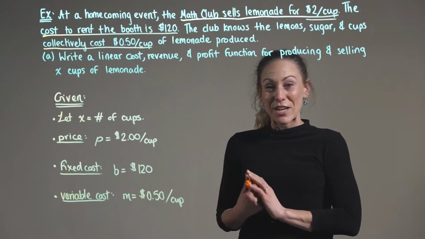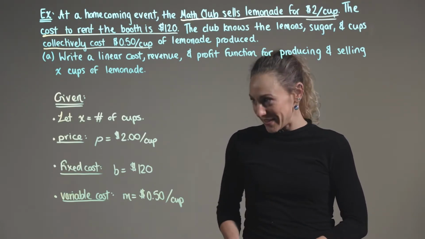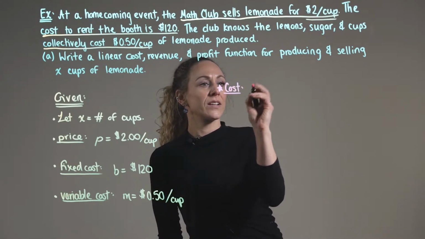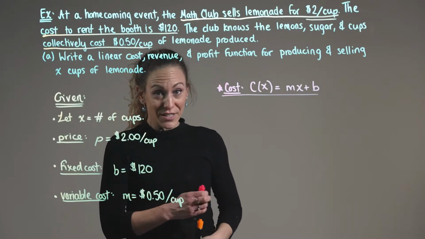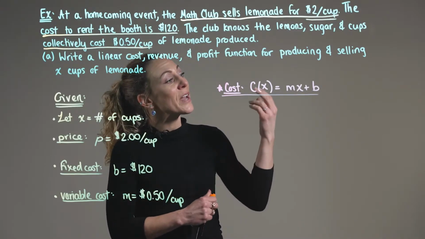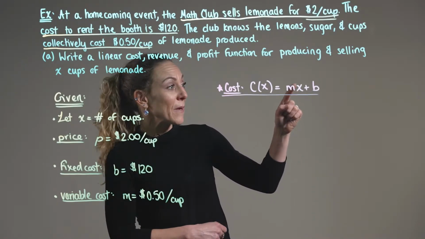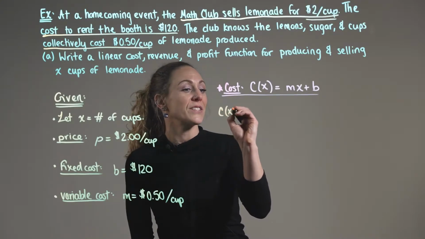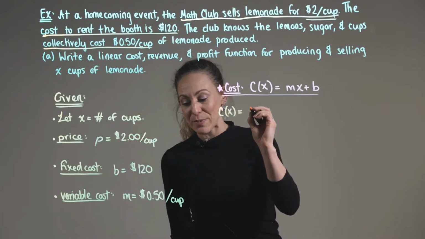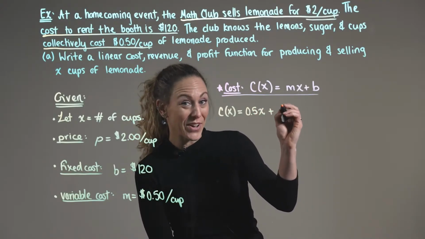So with this information, we're officially ready to start setting up our functions. We can recall that our linear cost function is defined as the variable cost times the total quantity plus the fixed cost. So we can say that our total cost function, C of x, is going to be equal to 0.5x plus 120.